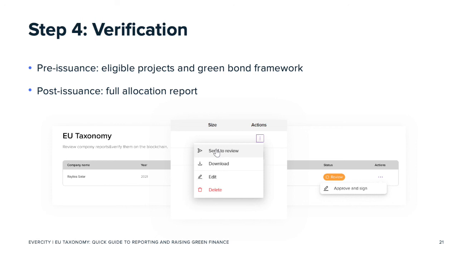Essentially, you have your EU Taxonomy report verified by someone to see that the alignment data is really correct. And then there is post-issuance when full allocation report is prepared. It is also verified. Impact report is not mandatory for verification under EU Green Bond standard.